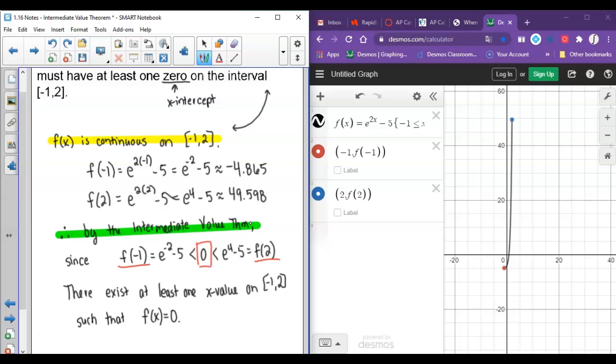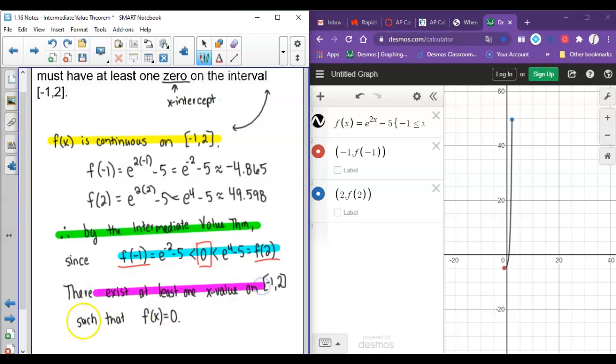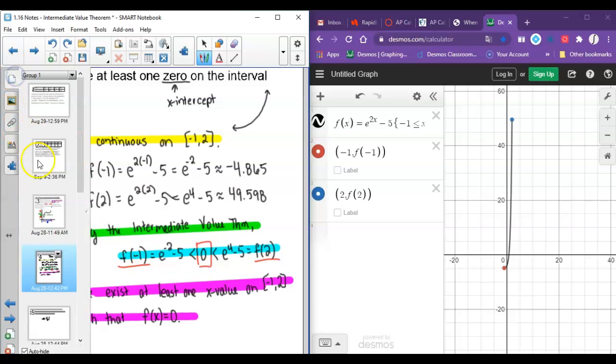I don't mind if you shorten that to IVT in your notes, but I would write that out completely on the exam. Then you must state that whatever value you're talking about is between these two endpoint values. And then you finally must make your conclusion that there has to exist something there. So let's do another problem so we can see what's going on here.